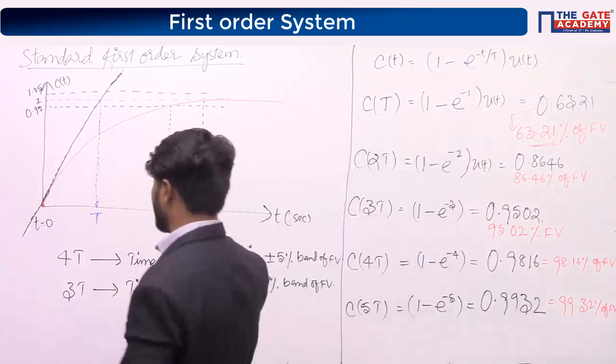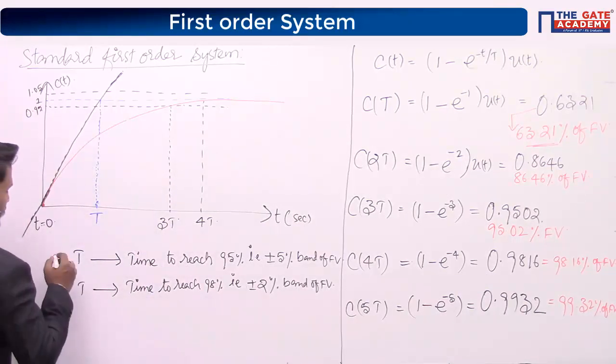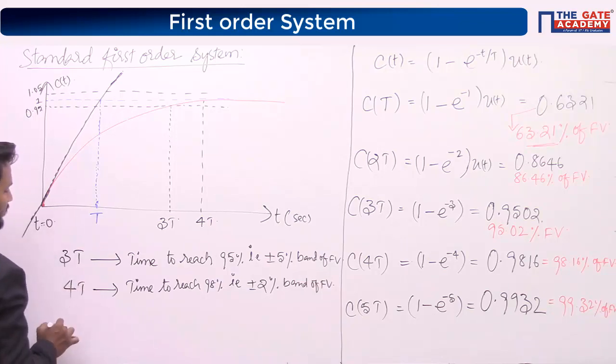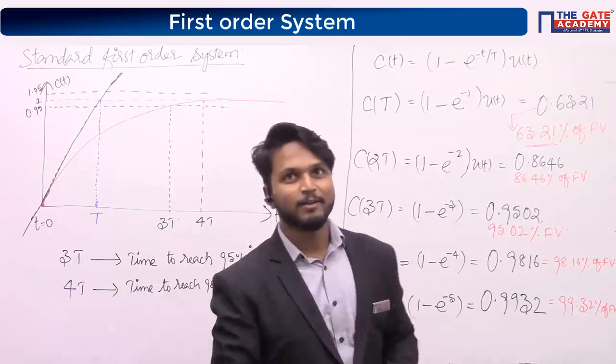Similarly, 3 times the time constant is the time to reach 95% of final value, that is the plus or minus 5% band. I'm sorry, I wrote it reversed. This is 3T and this is 4T. Very good. Thank you for reminding. I was just testing you, right?